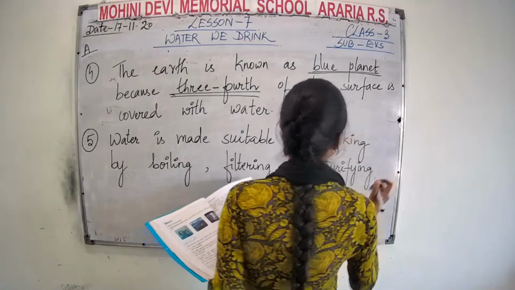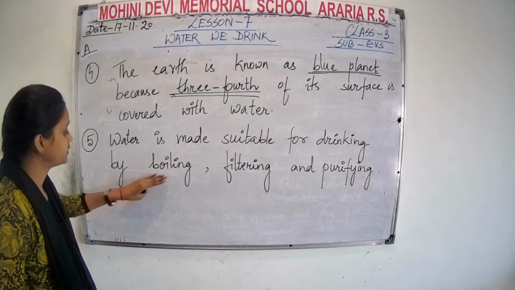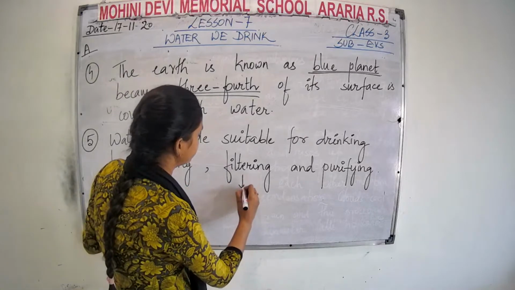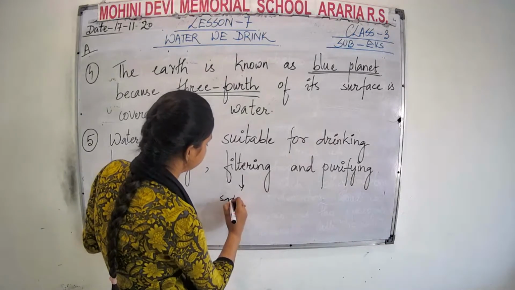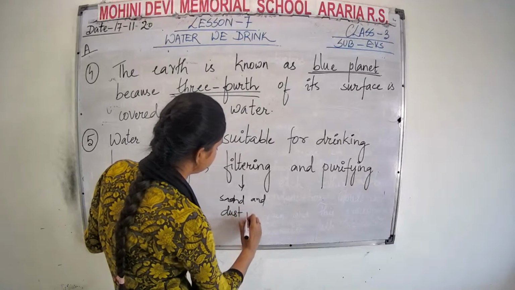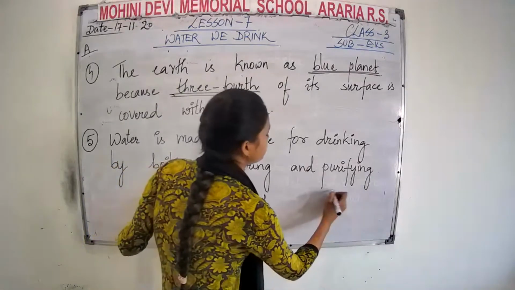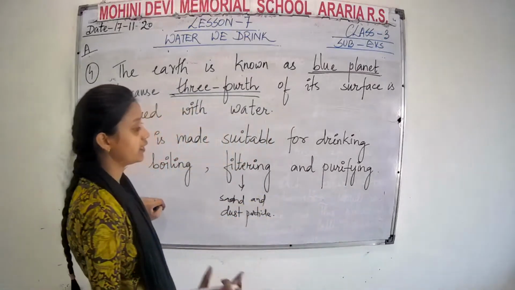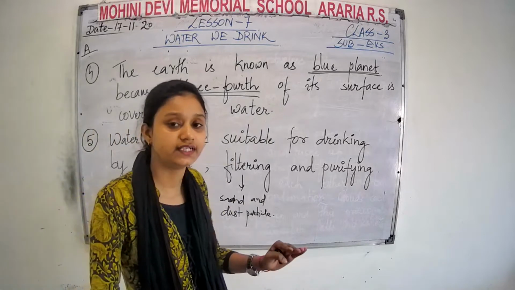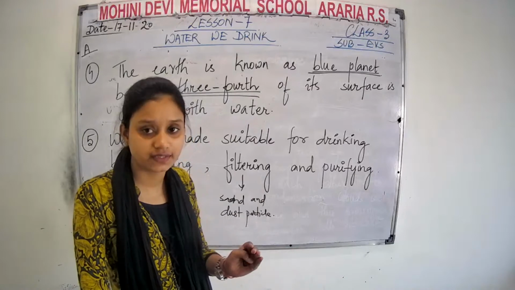So these three things are given in your book. That is boiling. It means ubalna. Filtering. In filtering, what do we do? We separate sand and dust particles. In purifying, what do we do? When water is purified, water is cleaned fully. पूरे germs को मारते हैं, ठीक है, बैक्टीरिया को खत्म करते हैं.